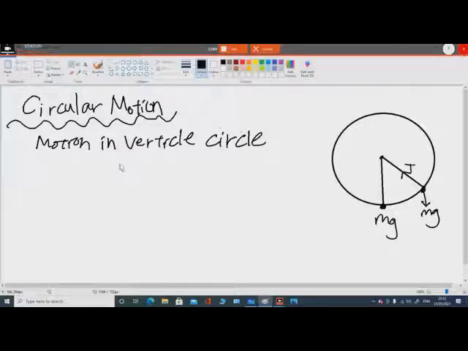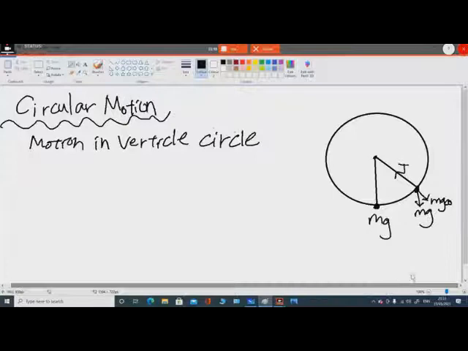As the basic, we know that this one will be our mg cos theta. Let me drag to the right. This one will be our mg cos theta, and this one will be our mg sin theta.